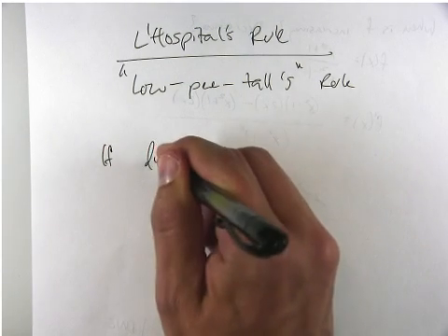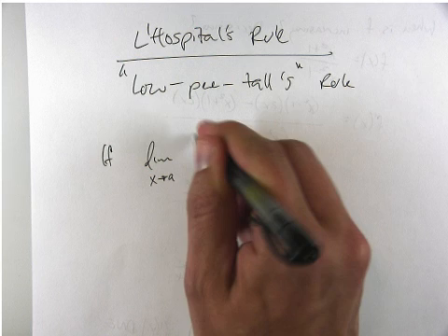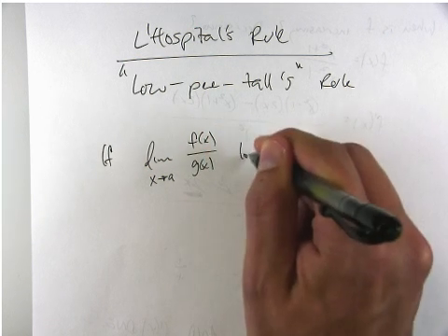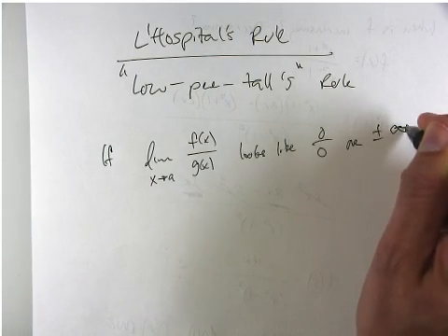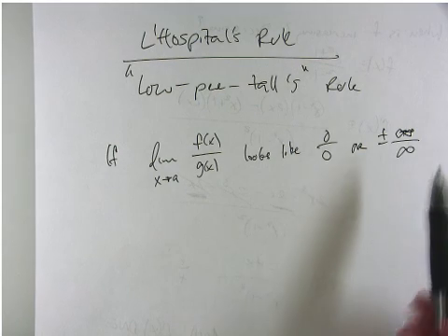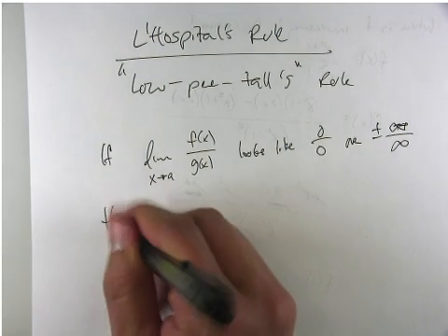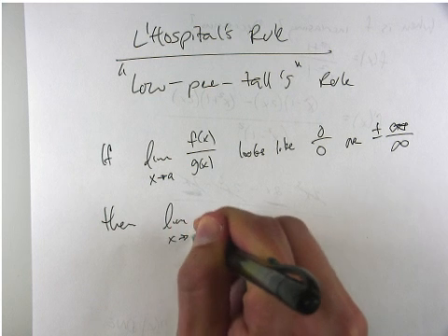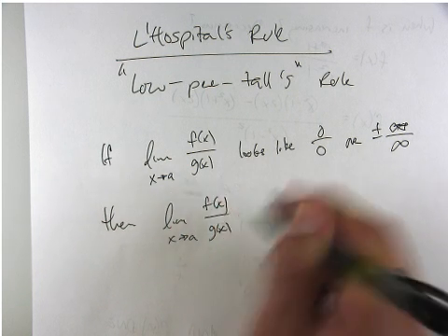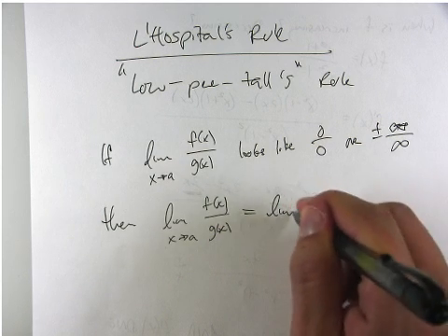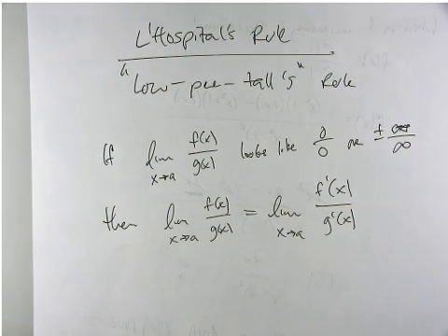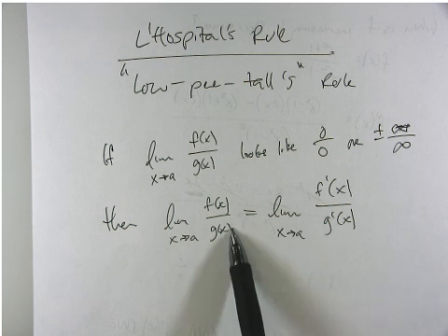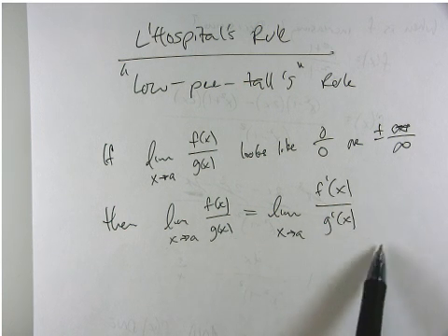If the limit as x approaches a of f of x over g of x looks like 0 over 0 or infinity divided by infinity, then the limit as x approaches a of f of x over g of x is the same thing as the limit as x approaches a of f prime of x divided by g prime of x. You will notice that this is not the derivative of the function. It's the derivative of the top and the derivative of the bottom.